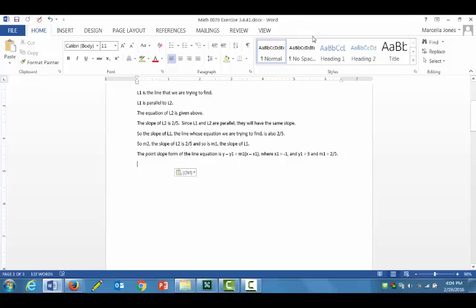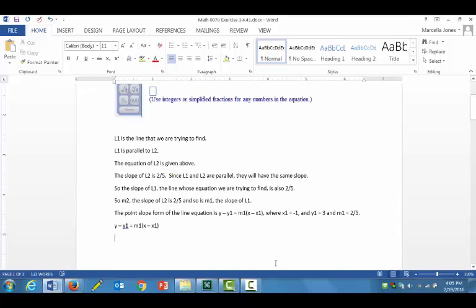Remember, the point-slope form is y minus y1 equals m1 times x minus x1. Let's fill that information into this formula. That gives us y minus 3 equals 2/5 times the difference, x minus -1.